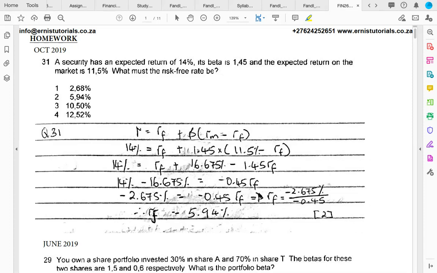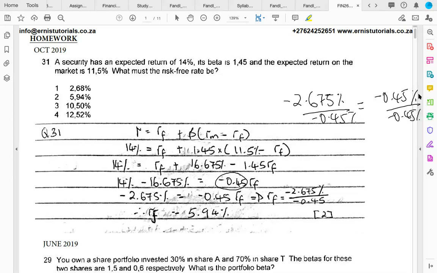And then lastly, we divide both sides by minus 0.45. So we say minus 2.675% over minus 0.45 is equal to minus 0.45 RF over minus 0.45.